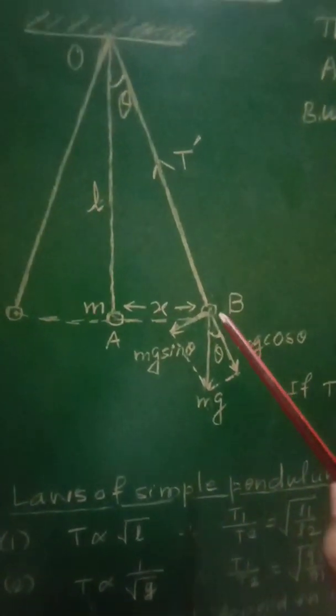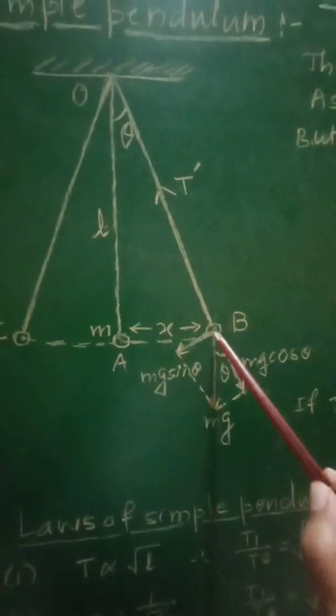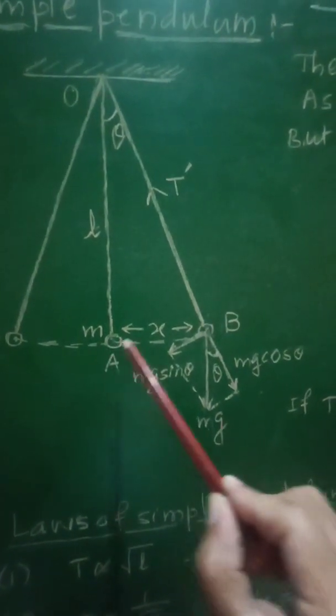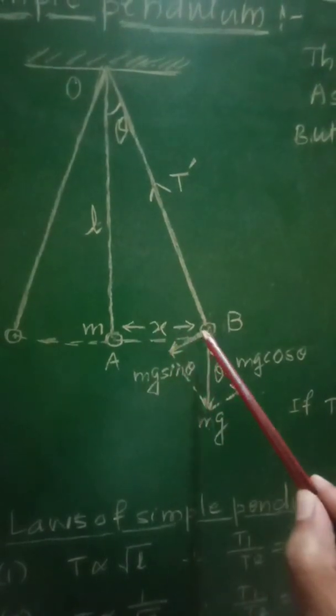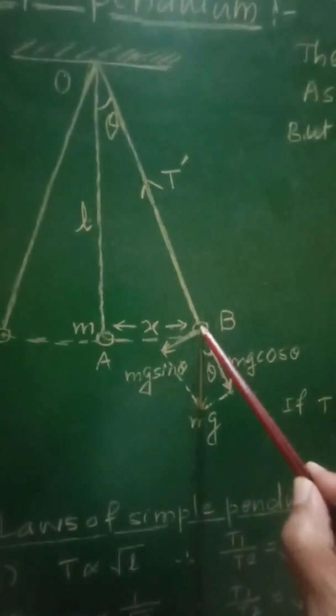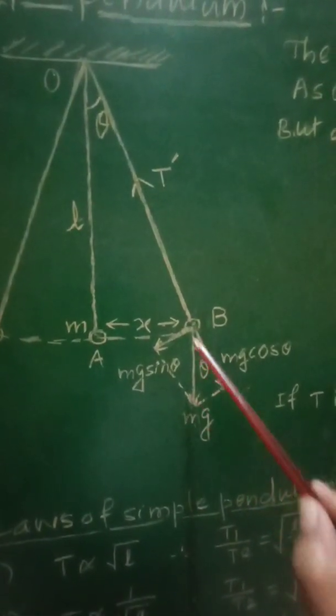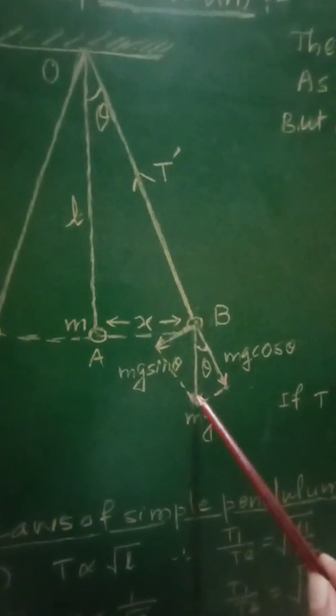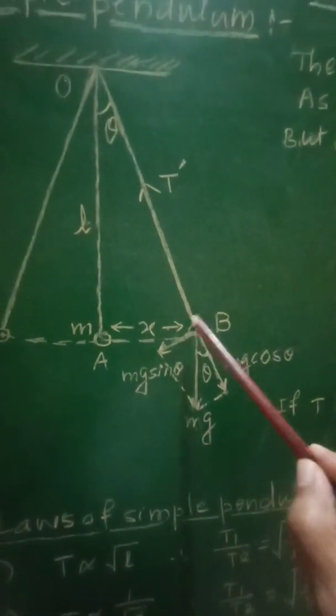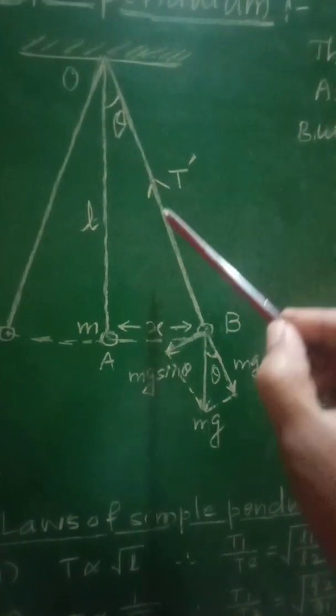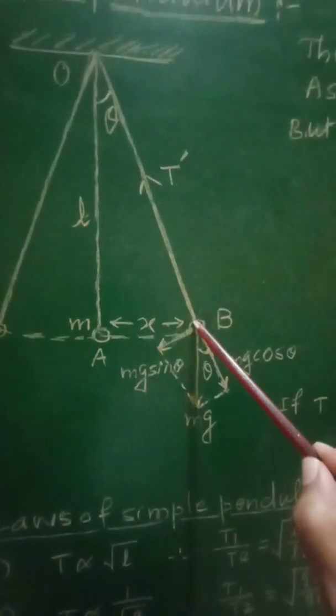Now the different forces acting on this bob when it is displaced from A to B through distance x will be the weight of the bob directed in the vertically downward direction and the tension in the string T dash directed towards the point of suspension.